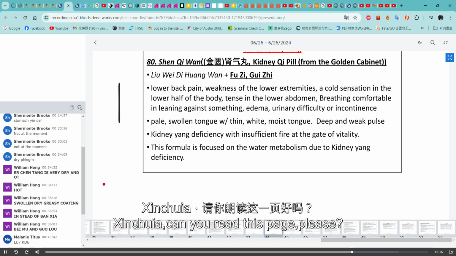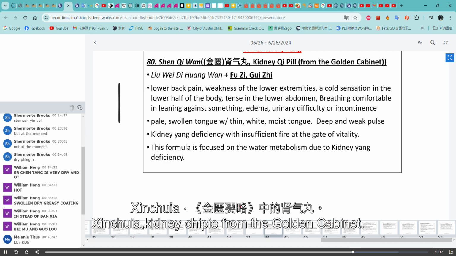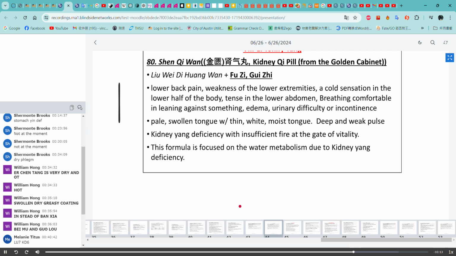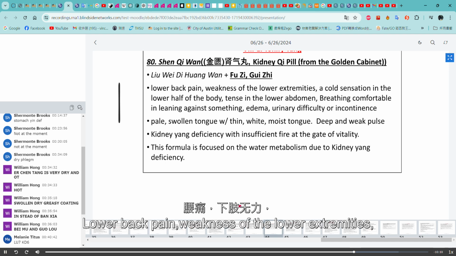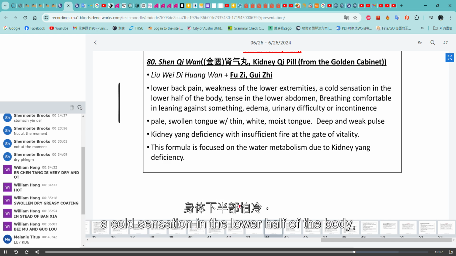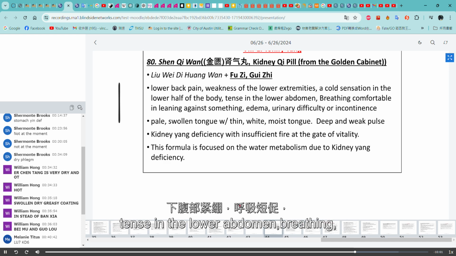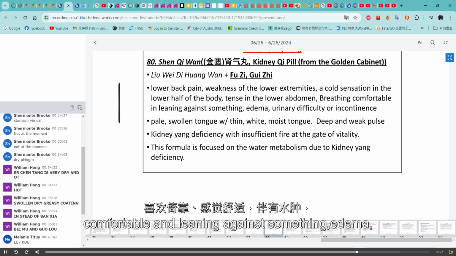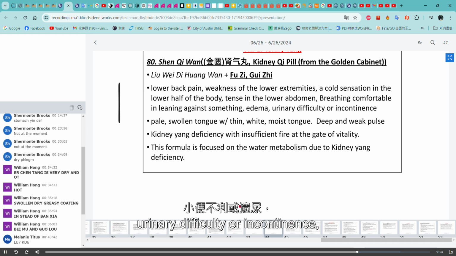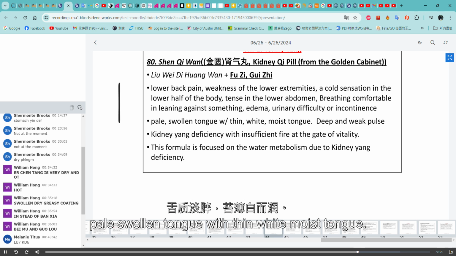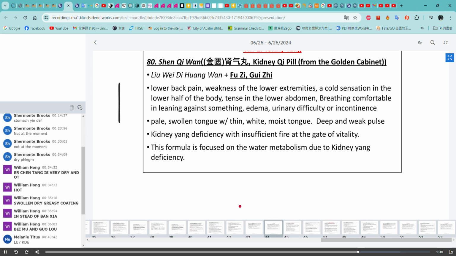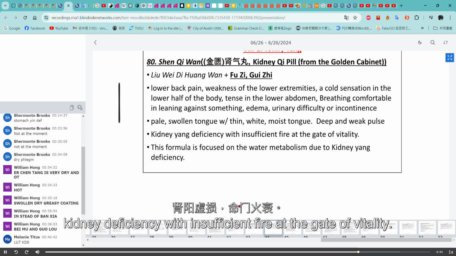Centuria, can you read this page, please? Shin Shiwan, kidney chi peel from the Golden Cabinet, Luei Di Hongwan, Fuju, Guizhi, lower back pain, weakness of the lower extremities, a cold sensation in the lower half of the body, tense in the lower abdomen, breathing comfortable leaning against something, edema, urinary difficulty or incontinence, pale swollen tongue with thin white moist coating, deep and weak pulse, kidney yang deficiency with insufficient fire at the gate of vitality.